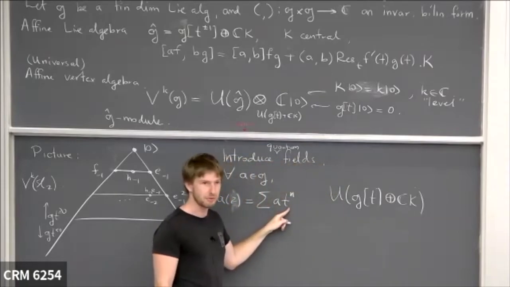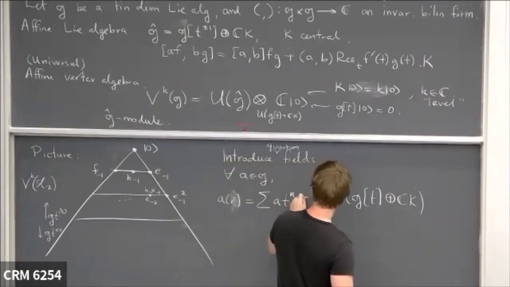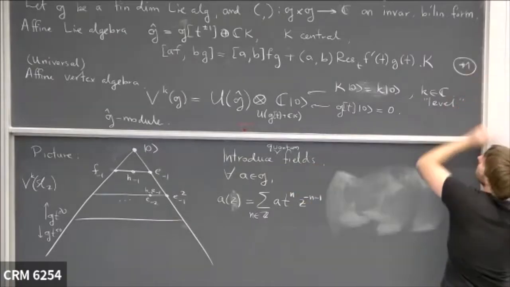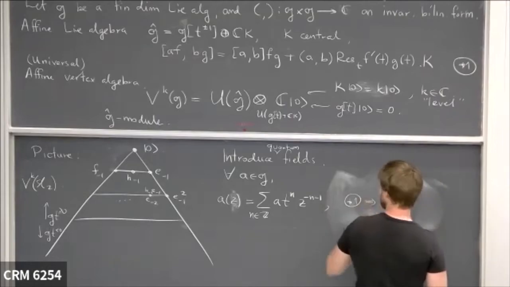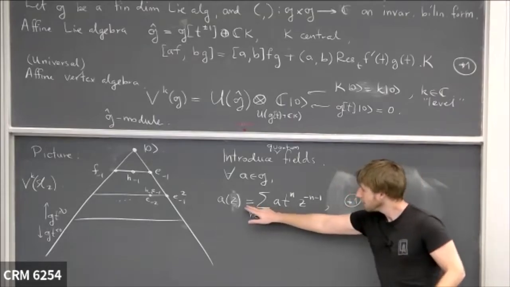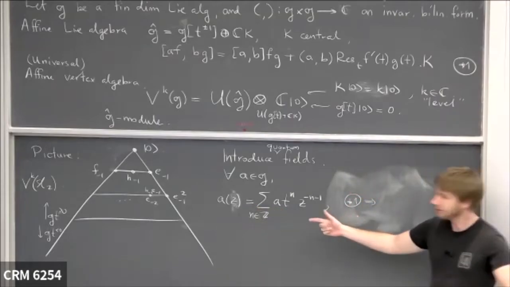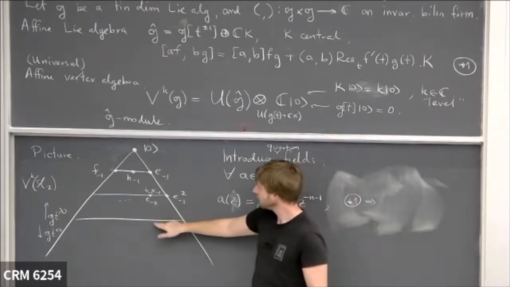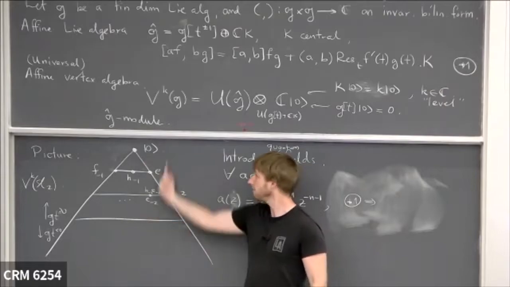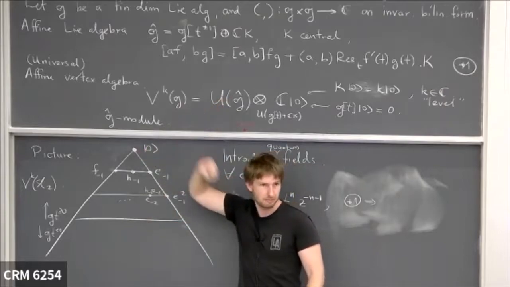I put them into a generating function, multiplied by z to the minus n minus 1. And now this defining relation, which you could easily write in terms of A t to the power m and B t to the power n, implies that, firstly, they are quantum fields, because if you let n become increasingly positive, you'll eventually, no matter where you start, go off the top of this diagram and start to annihilate.